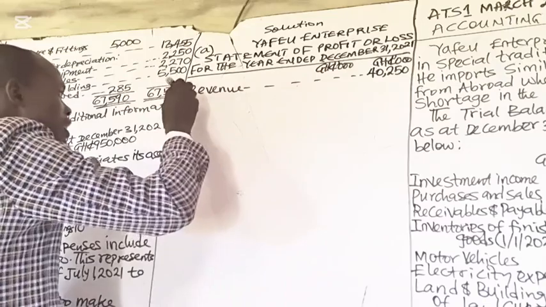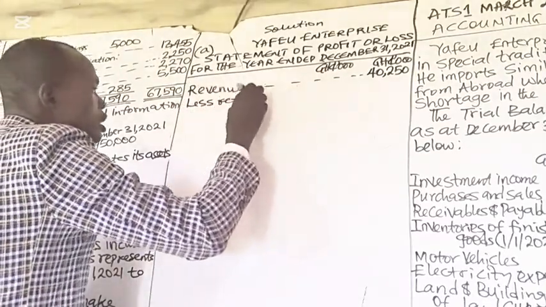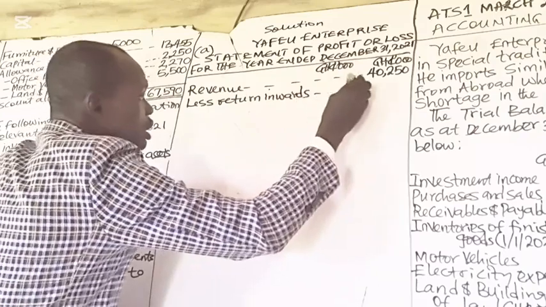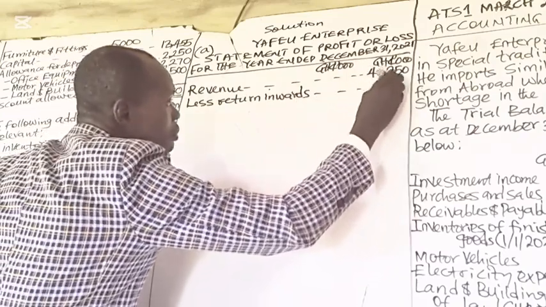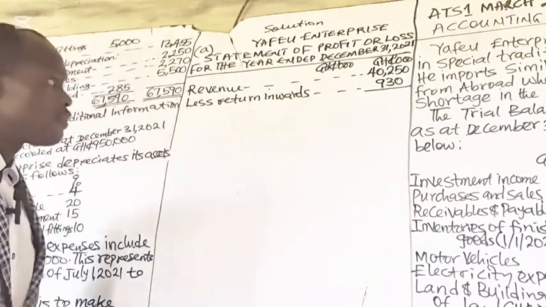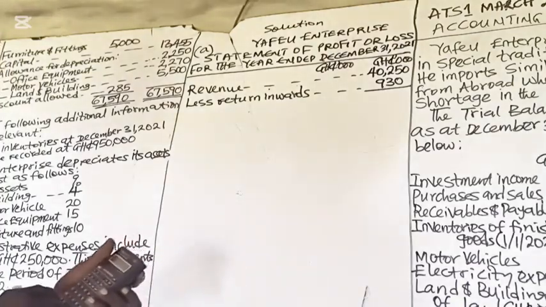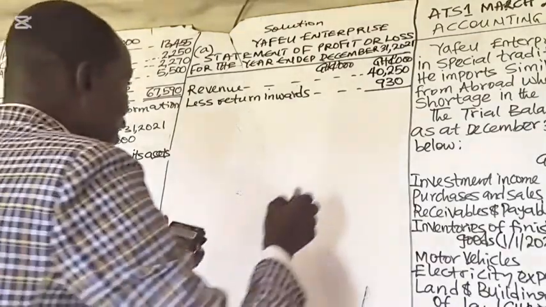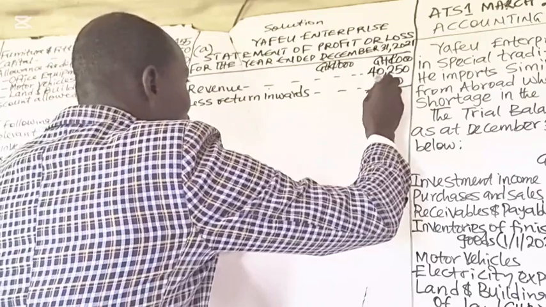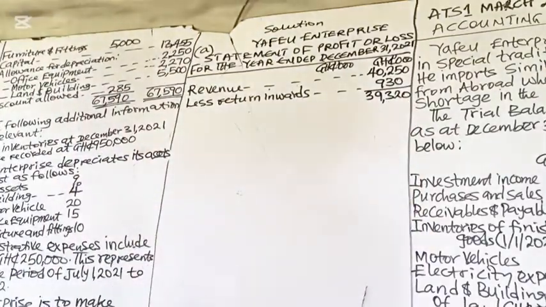So that is why we less return inwards. And return inwards amounted to 930. If you deduct 930 from 40,250, then you have 39,320.